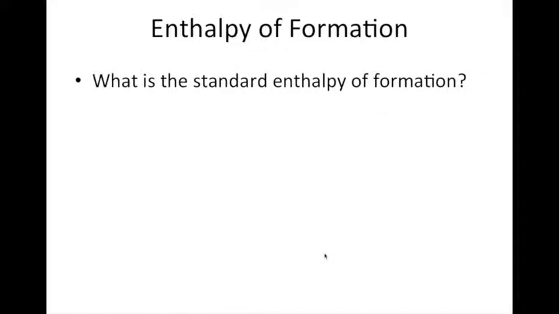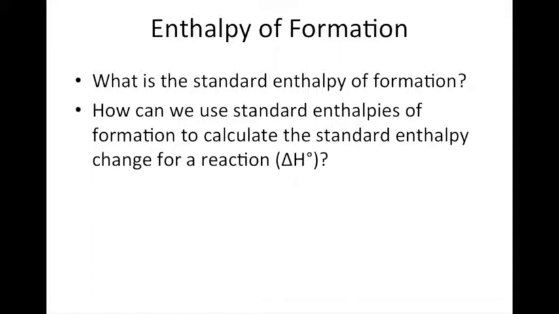So first of all, what is the standard enthalpy of formation? And secondly, how can we use the standard enthalpies of formation to calculate the enthalpy change for a reaction? So those are the two questions we want to address in this video.